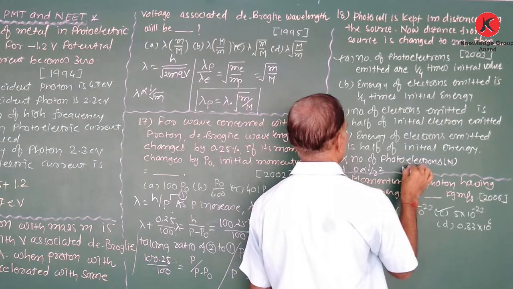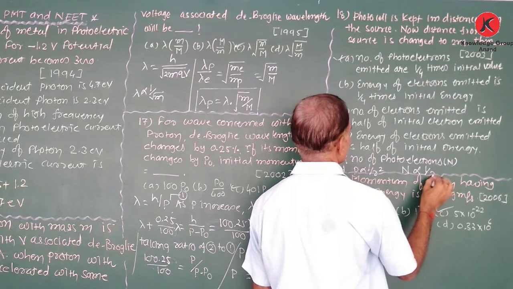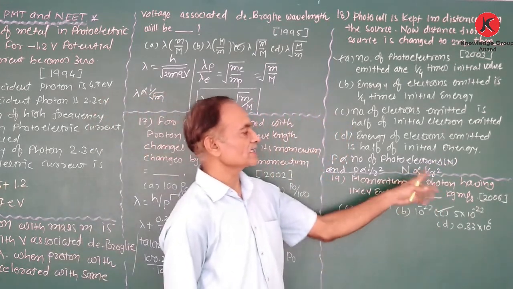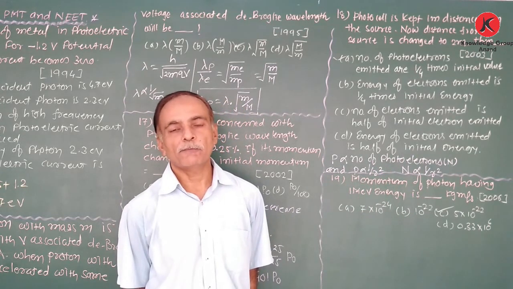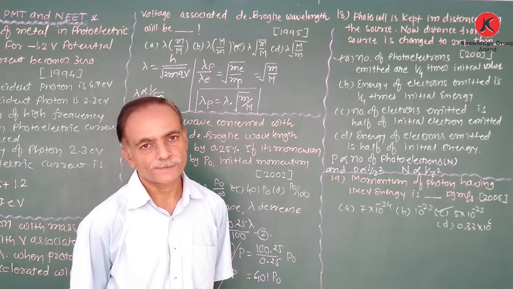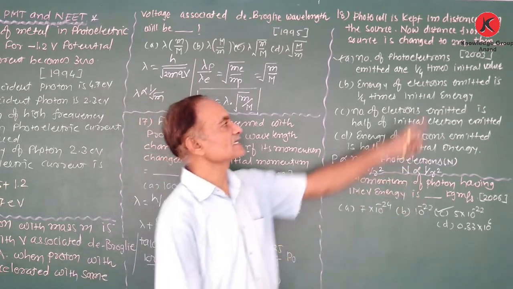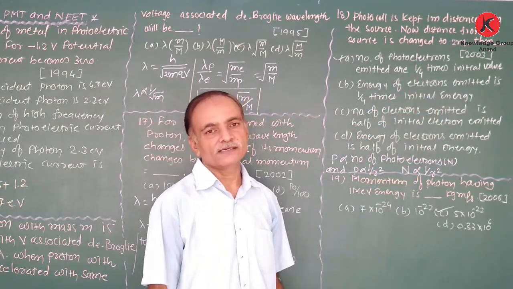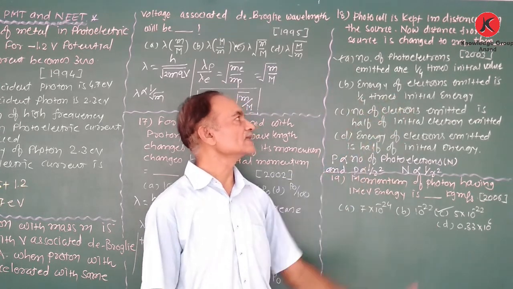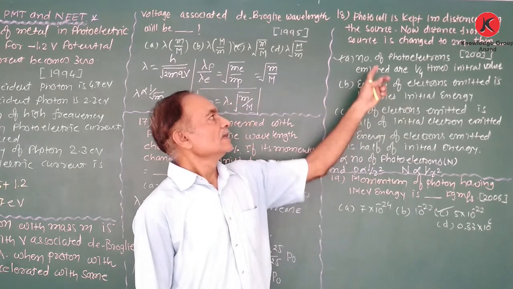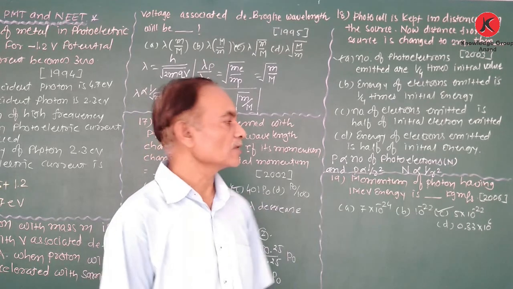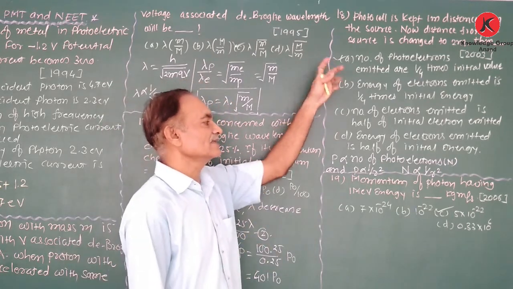Therefore, the number of photoelectrons emitted is inversely proportional to R squared. Distance is increased to 2 meters. Therefore, 1 upon 2 squared, therefore 1 upon 4 times decreases. The number of photoelectrons emitted is 1 by 4 times the initial value. That is our right answer.